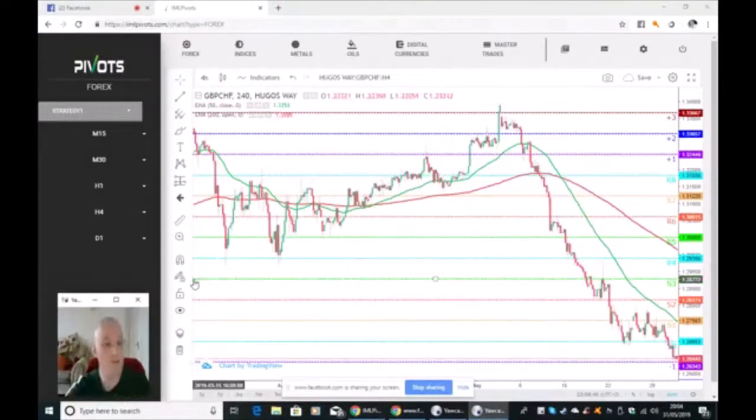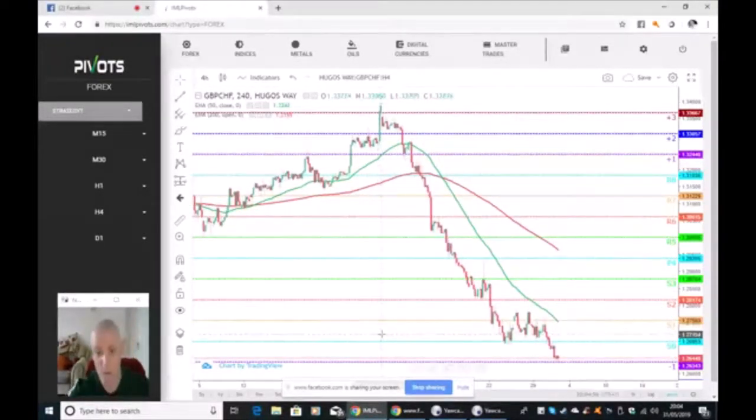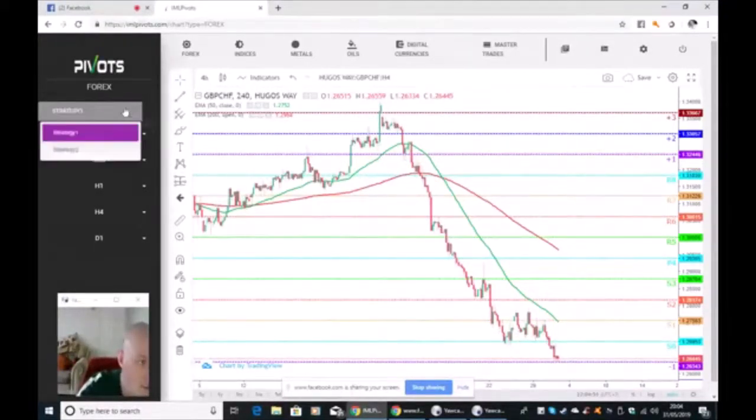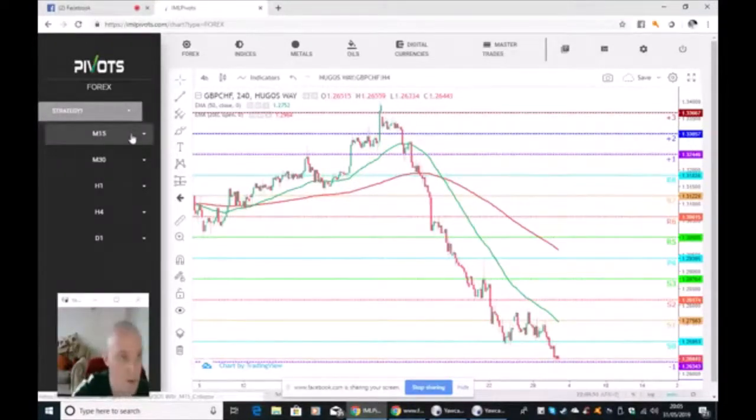So just to give you a little rundown of what all these different things are, right? Again, this might look like hieroglyphics to a lot of you until I start explaining what it's all about, in fairness, okay? So down your left-hand side, you have a screen which gives you a strategy 1 and 2, okay? Basically, you keep it on the strategy 1. I'll explain what strategy 2 is in a moment.